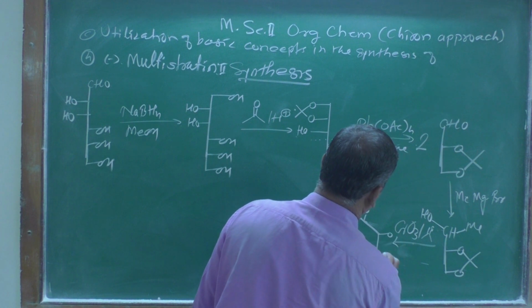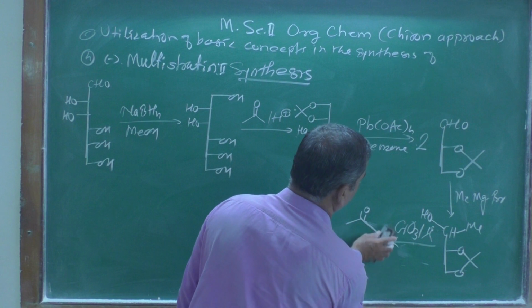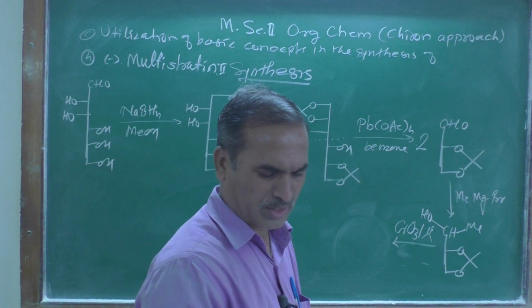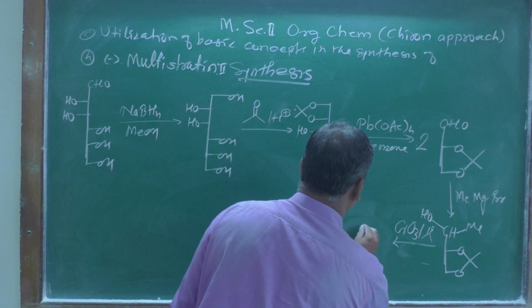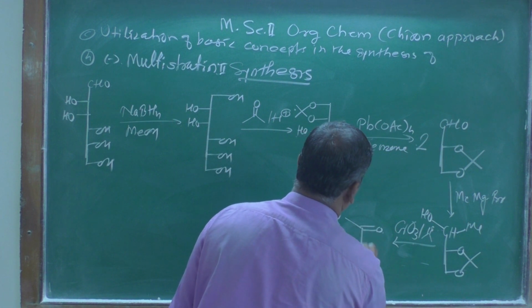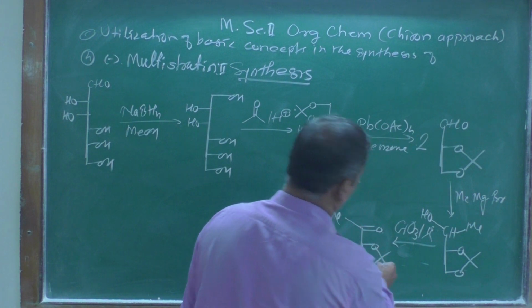Let me draw it properly again. The compound which we are going to get over here, I am writing here properly. Let me draw C double bond O over here, a methyl, and then this one O, and this protected group, right?